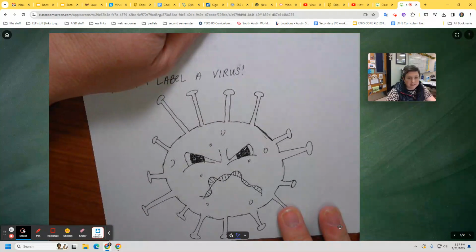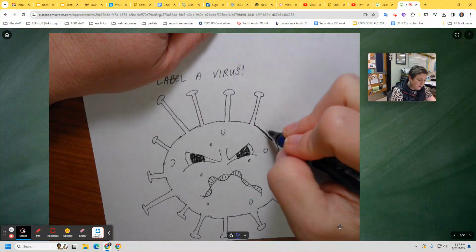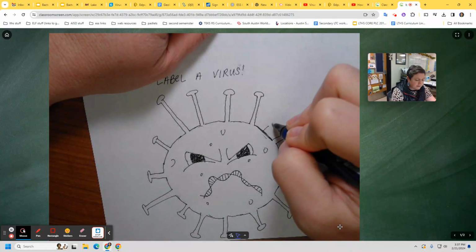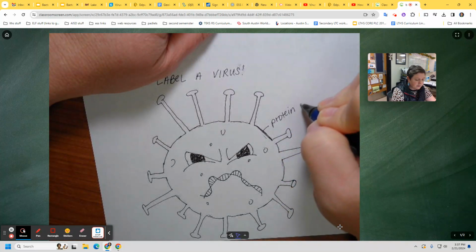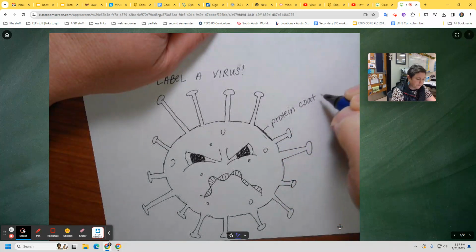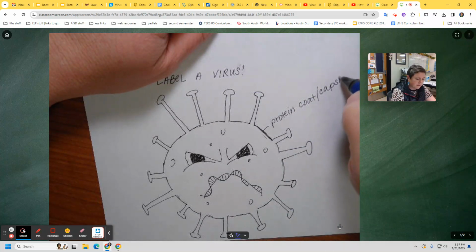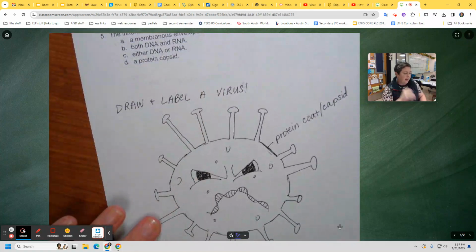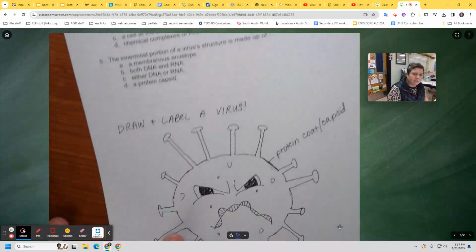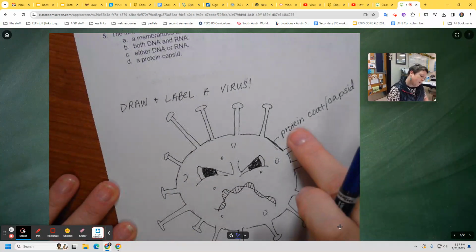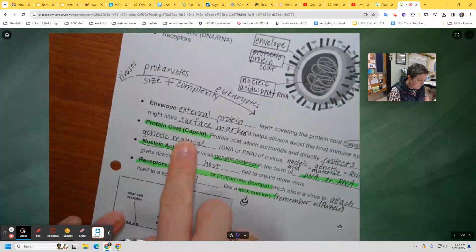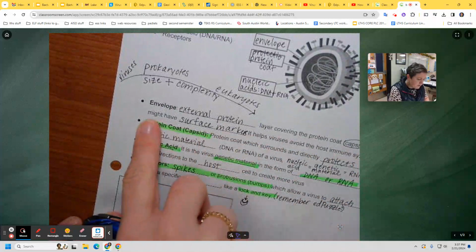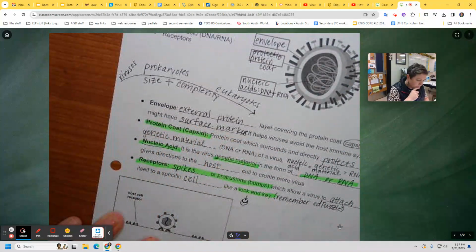And now we're going to label him. So this is the protein coat / capsid. I know that sometimes it said the envelope. I wonder if the protein coat can also have spikes on it, which might have surface markers.